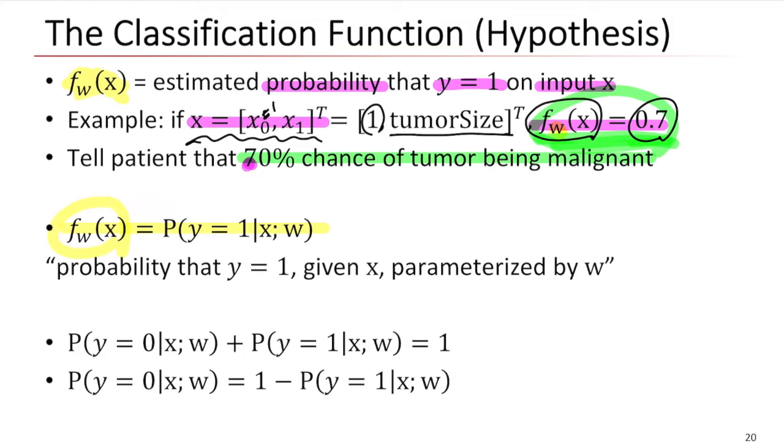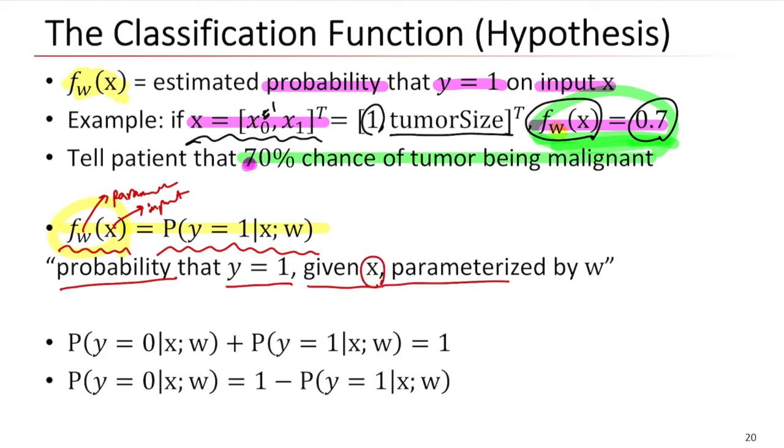Here, W was the parameter, right? And X was the input, right? So in this case, we can represent this mapping function like this. It means this is the probability that y is equal to 1 given input X, parameterized by W. So W will be the learnable parameter, and X will be the input feature.